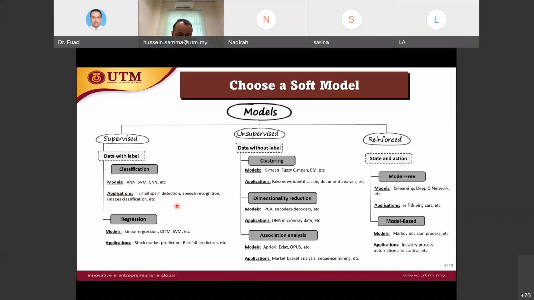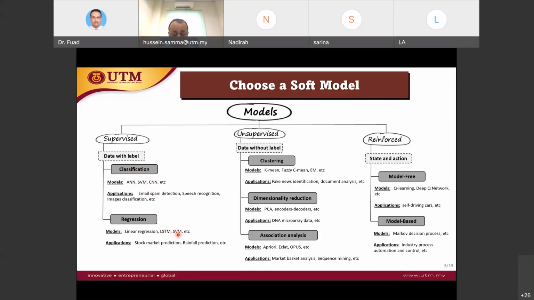In terms of regression, we have a lot, of course, in the literature, but here we try to highlight the most commonly used. Linear regression is the basic regressor used for regression problems. We have long short-term memory. This model could also be used as a classifier.